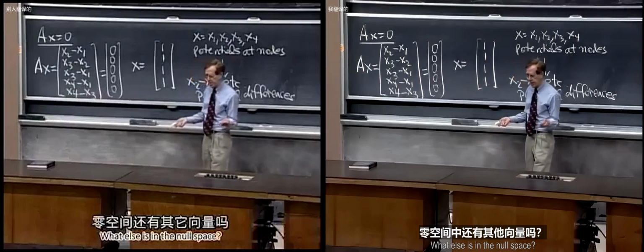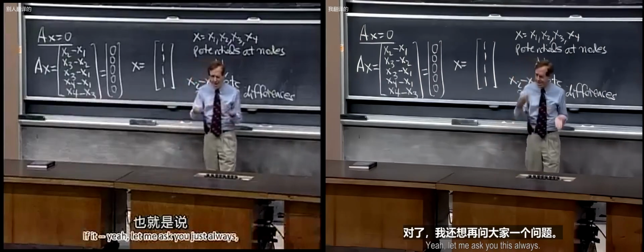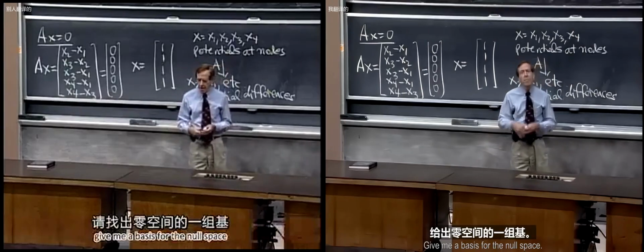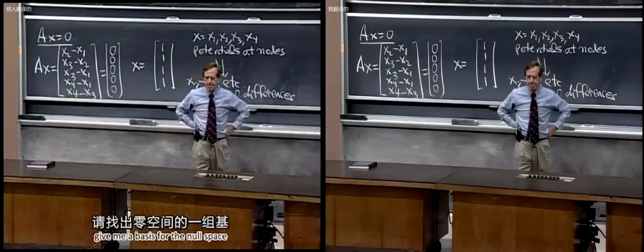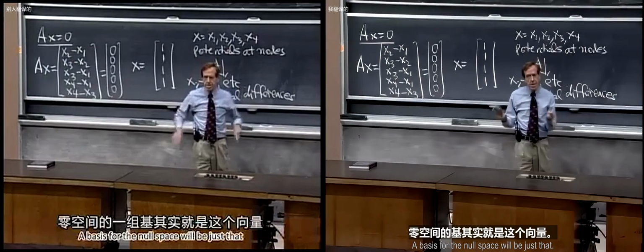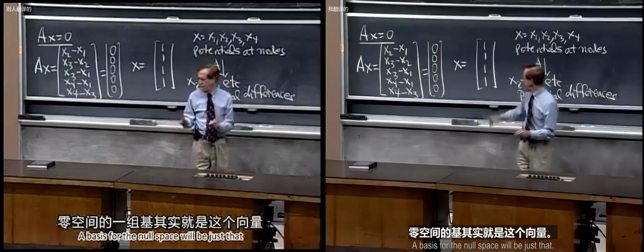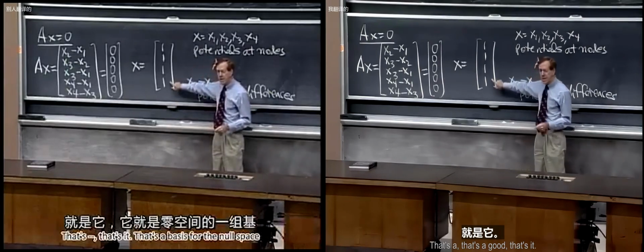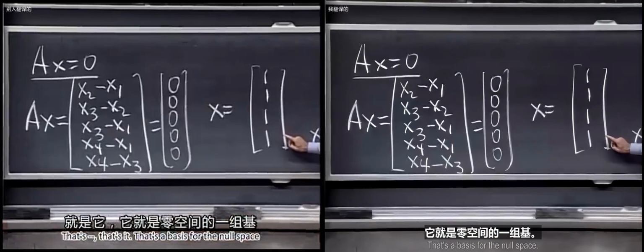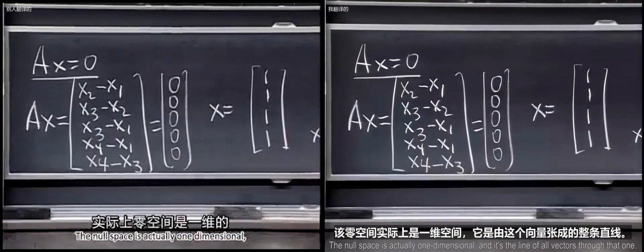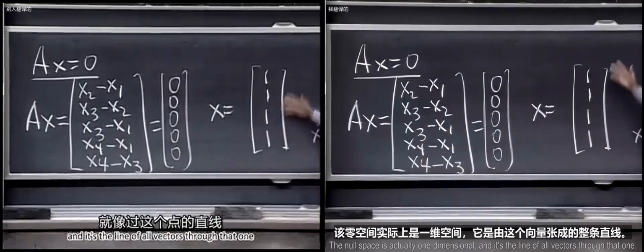What else is in the null space? Let me ask you, just always, give me a basis for the null space. A basis for the null space will be just that. That's it. That's a basis for the null space. The null space is actually one-dimensional, and it's the line of all vectors through that one.